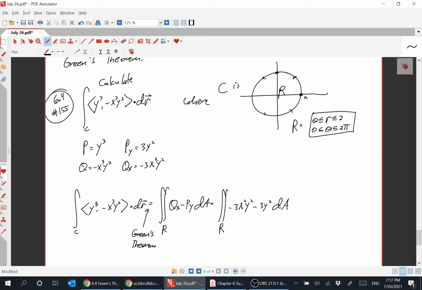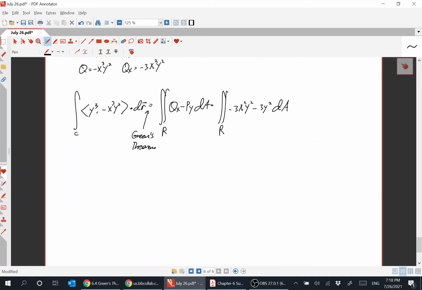Now, the question is, how are we going to calculate it? Are we going to calculate it with ordinary rectangular coordinates, or do we need to transform to polar coordinates? Well, because you're dealing with this disk of radius 2, probably polar coordinates is the way to go here.